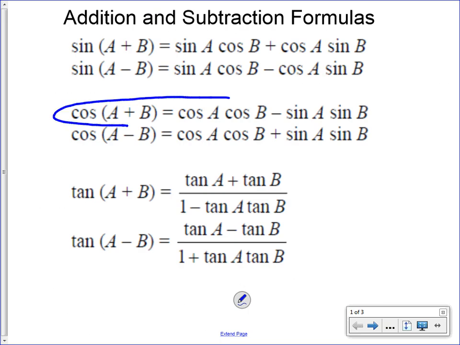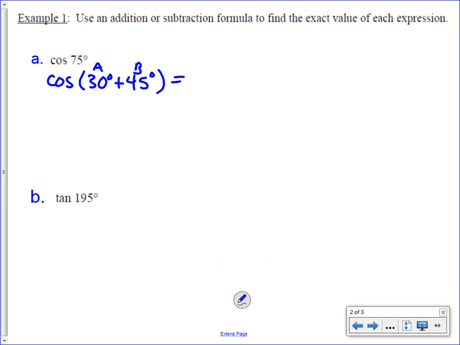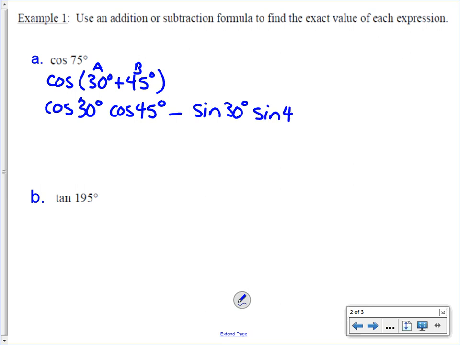We're going to use this one, cosine of A plus B, and we're just going to plug in 30 for A and 45 for B. So this is equal to cosine of 30 degrees times cosine of 45 degrees minus sine of 30 degrees times sine of 45 degrees. Again, you're just replacing A and B in the formula.